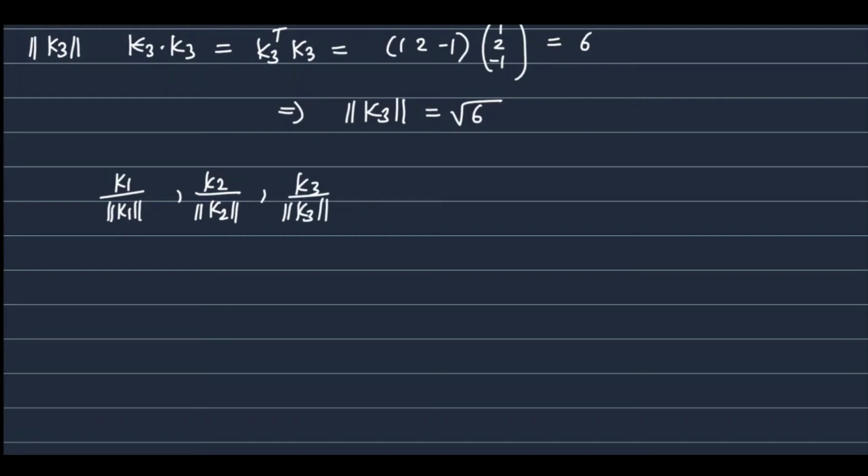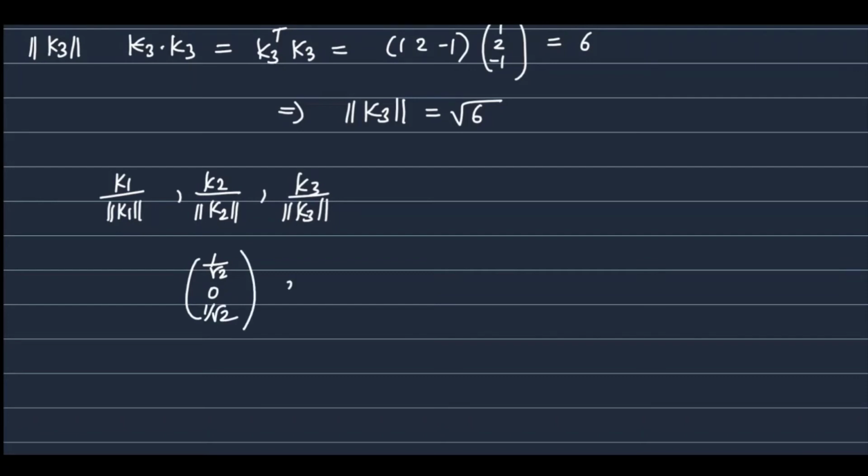This we have to do. So we will get the first vector: k1 is 1, 0, 1, and when we divide by norm k1, which is root 2, we get 1 by root 2, 0, 1 by root 2.